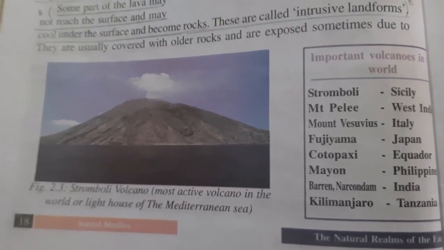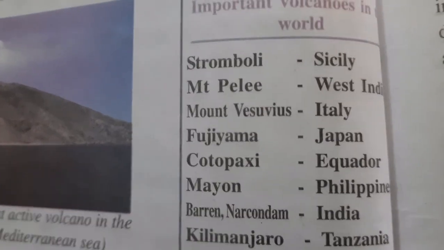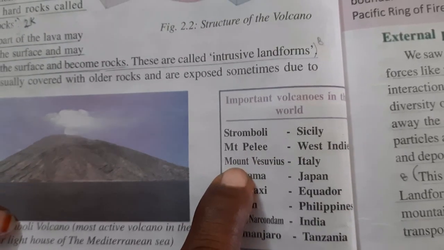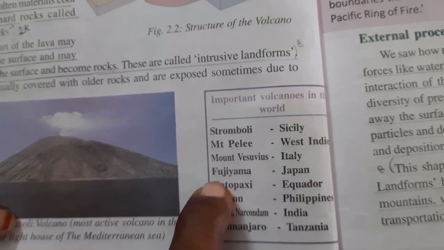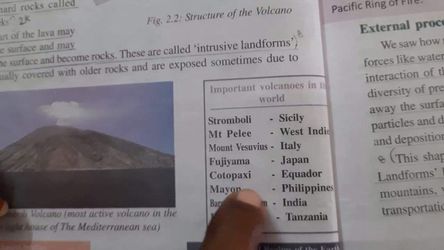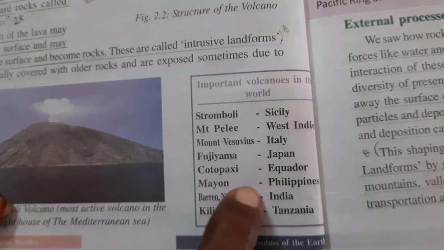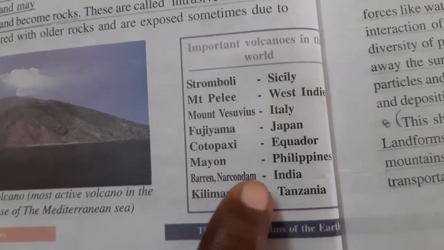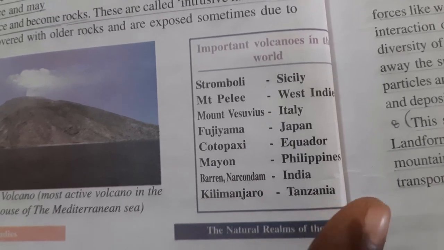Names of important volcanoes in the world: Stromboli in Sicily, Mount Pelee in West Indies, Mount Vesuvius in Italy, Fujiyama in Japan, Cotopaxi in Ecuador, Mayon in Philippines, Barren and Narcondam in India, Kilimanjaro in Tanzania.